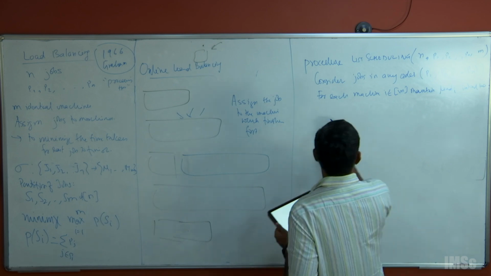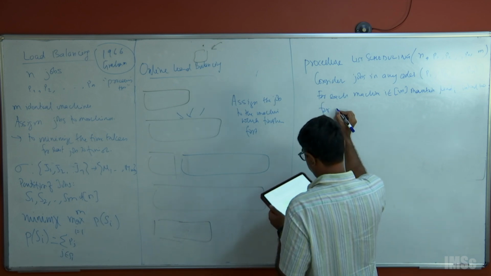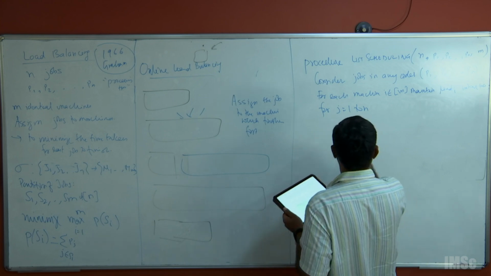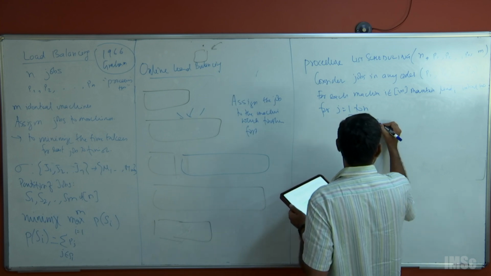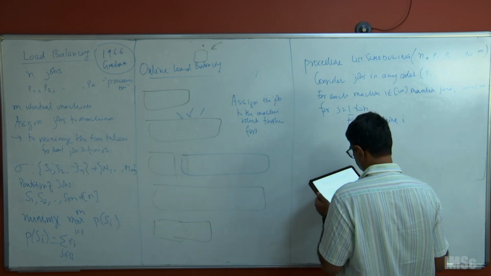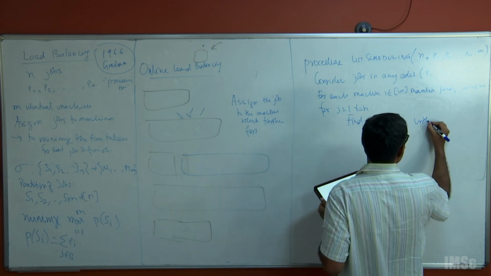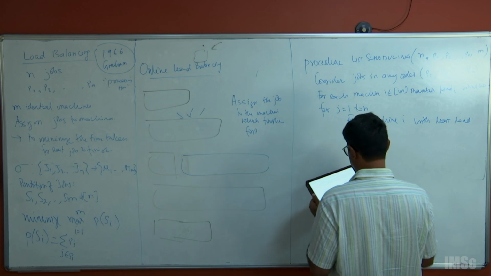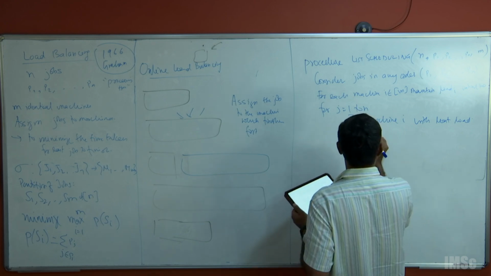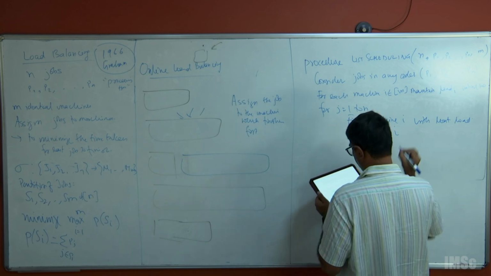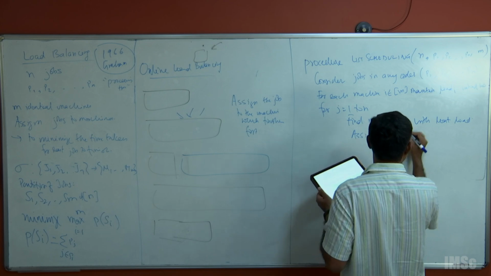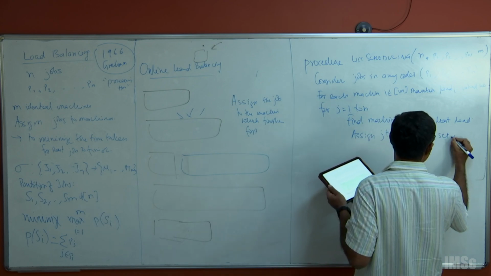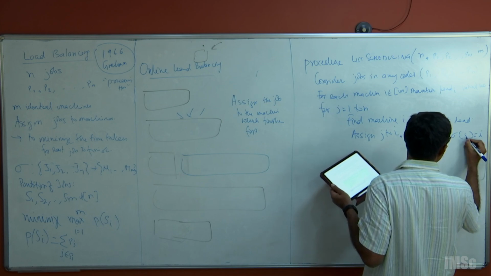Now for j equal to 1 to n, what am I doing? Find the machine i with least load, and assign j to i, that is, set sigma_j equal to i.